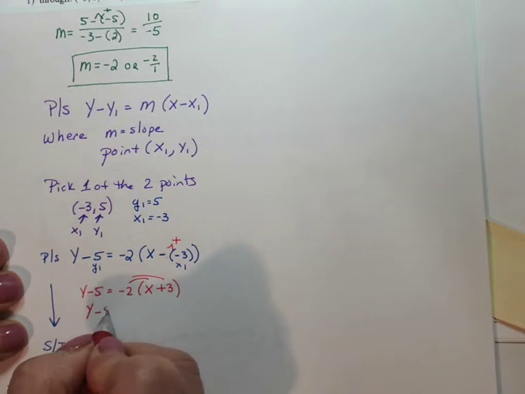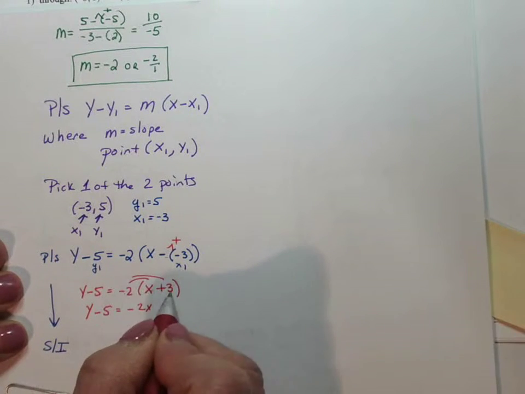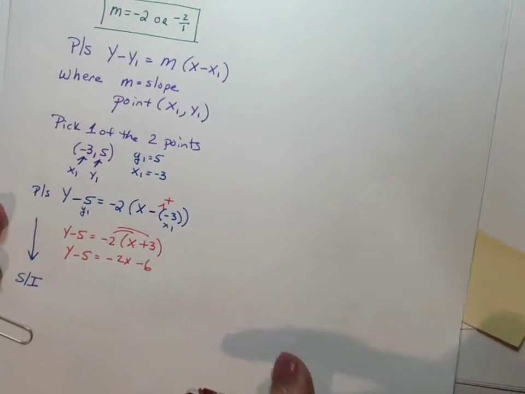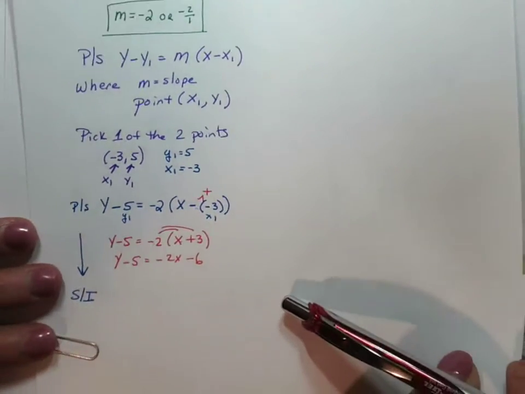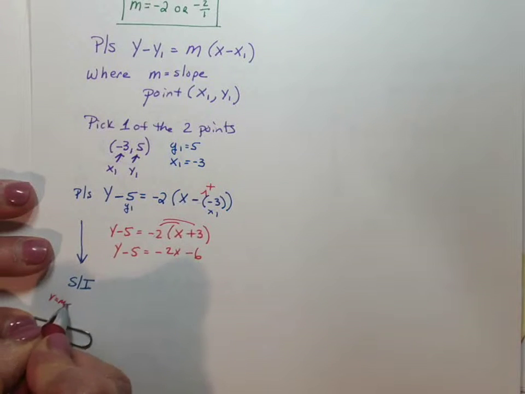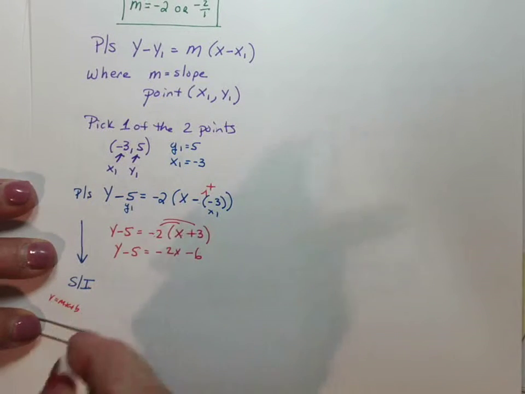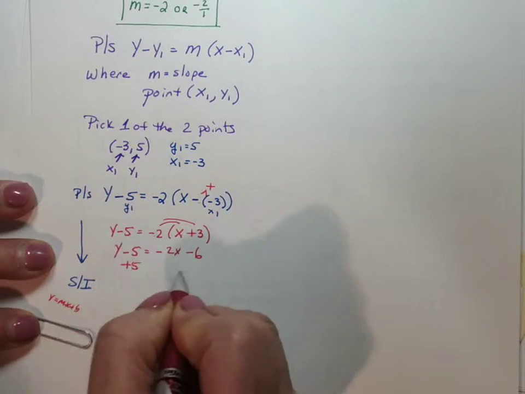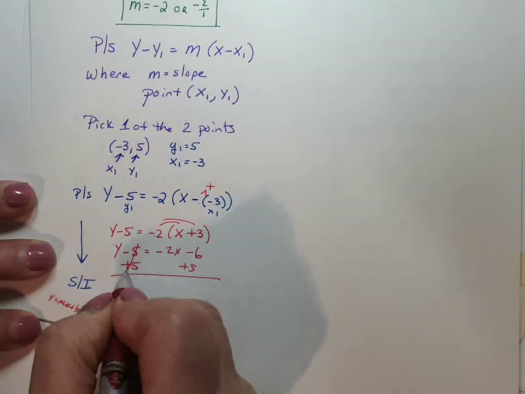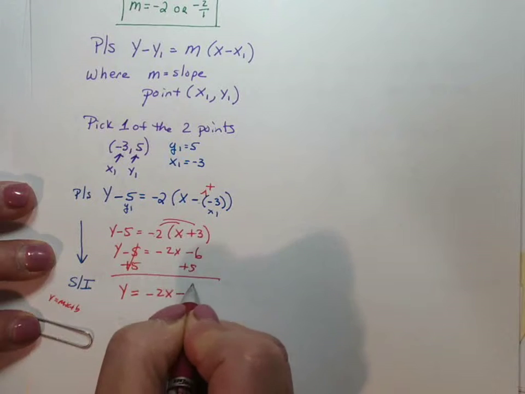We get y minus 5 equals -2x, -2 times x, -2 times 3, minus 6. And remember, we wanted it in y equals mx plus b. So I'm going to add 5 to both sides. And I get y equals -2x minus 1.